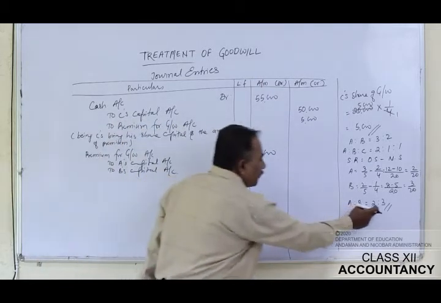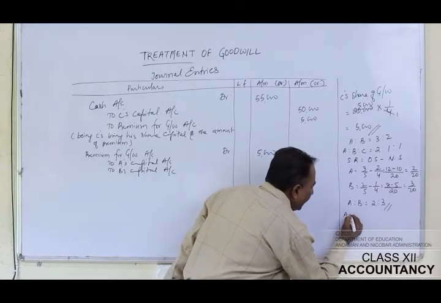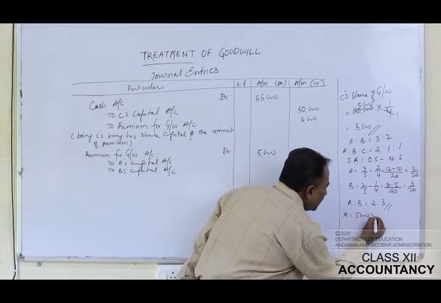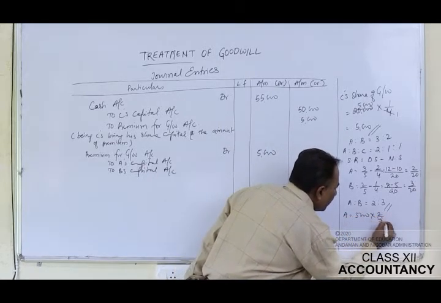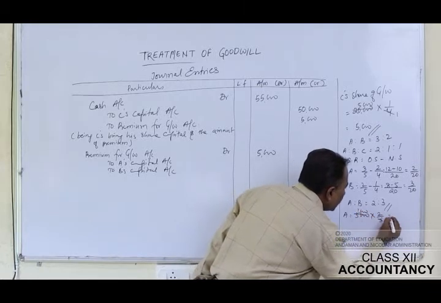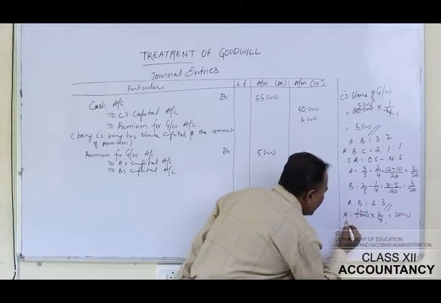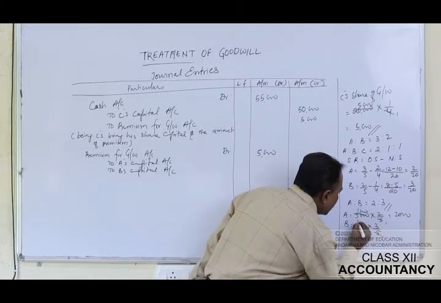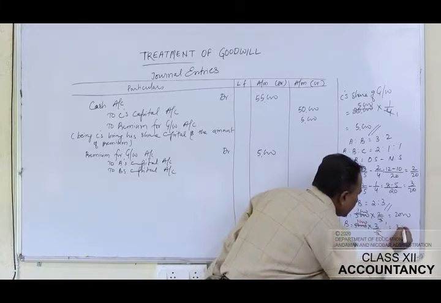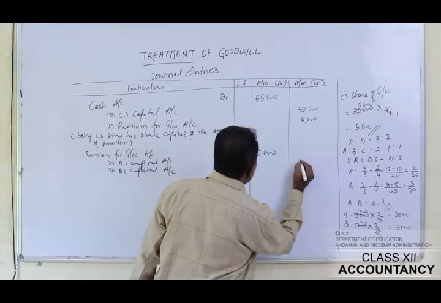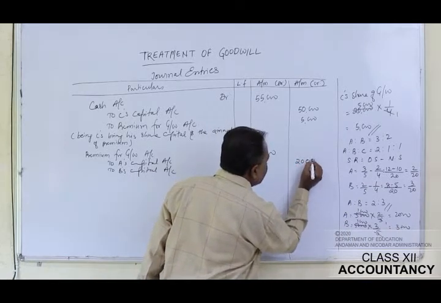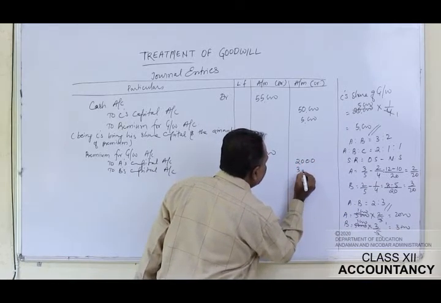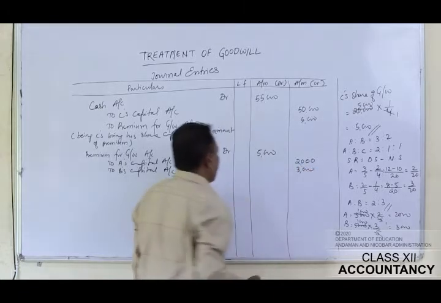In the ratio of 2:3. So A will get 5,000 into 2/5. 5 ones are 5, 1,000 is equal to 2,000, and B will get 5,000 into 3/5, that is rupees 3,000. So write down here rupees 2,000 in front of A's capital account and rupees 3,000 in front of B's capital account.